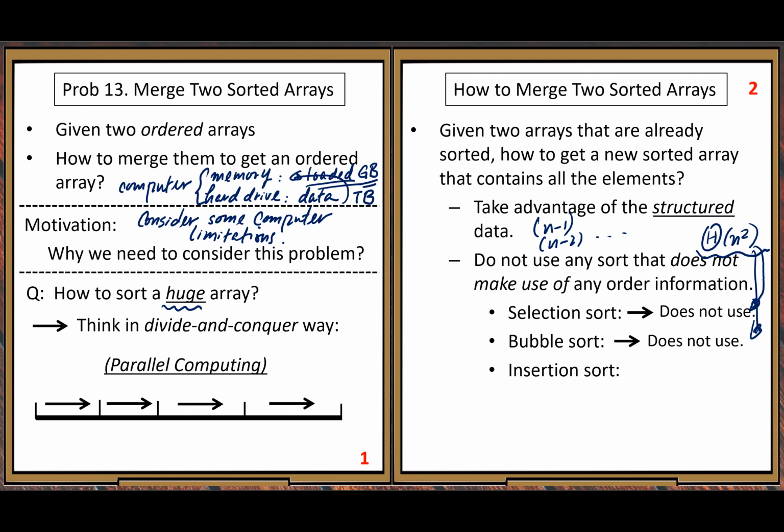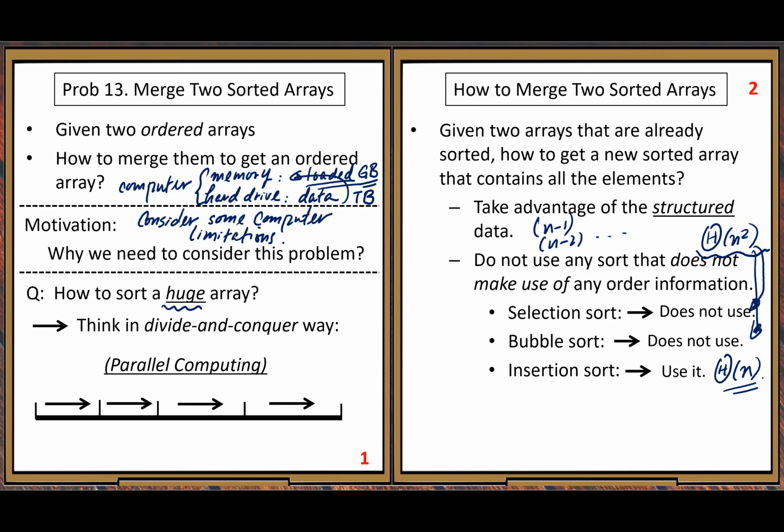If the array is already ordered, then the efficiency is big theta of n. It is greatly reduced, from n squared to big theta of n. That's a big improvement.